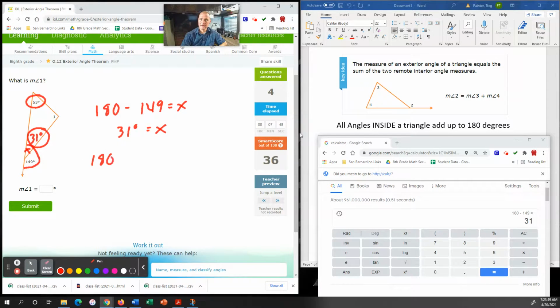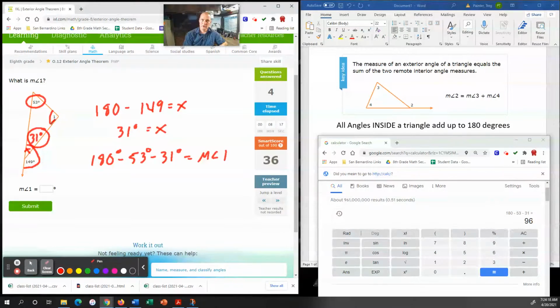So 180 minus 53 minus 31 degrees equals your measure of angle 1. Let's give that a try and see how it works out. So we got 180 minus 53 minus 31 equals 96 degrees.